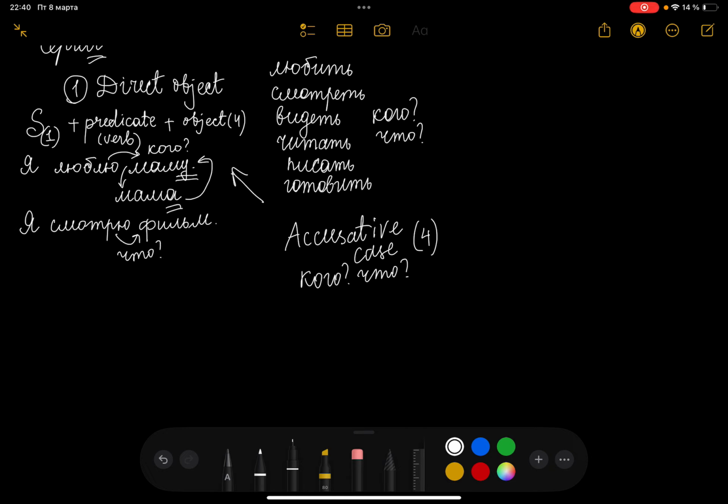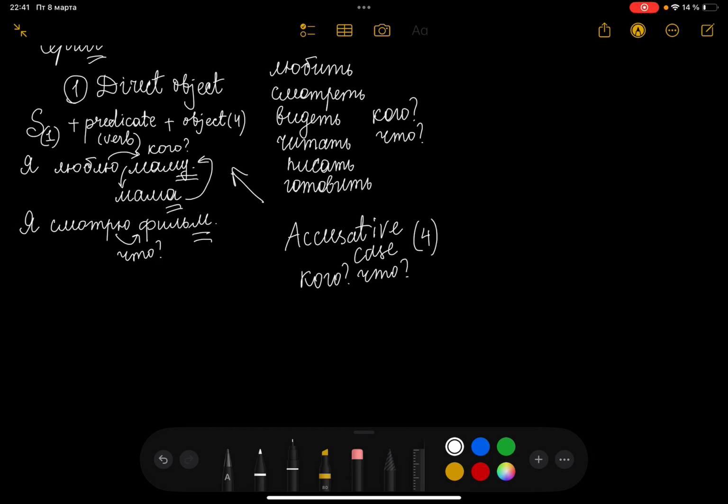Да, this is the object, direct object, no preposition is between the object and verb. So here, why didn't we change the word film? Because it is inanimated noun and it is masculine gender. So as you remember from previous video, such words we don't change in accusative case. It stays as in dictionary.